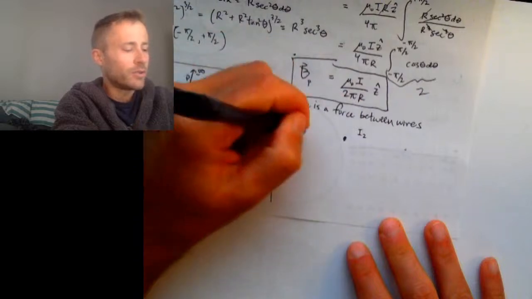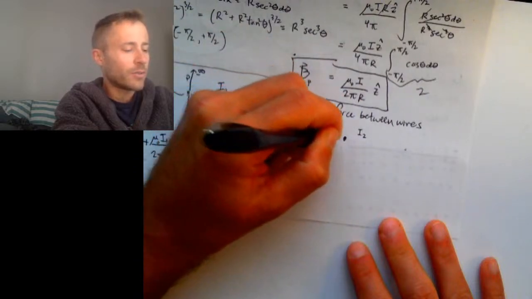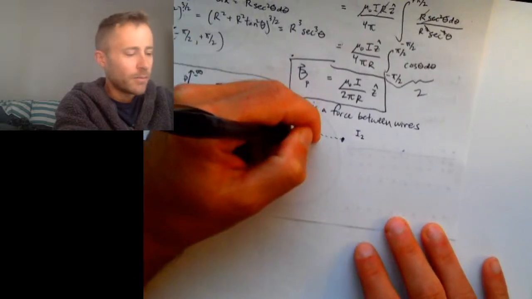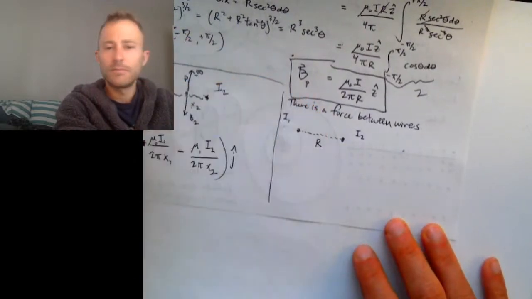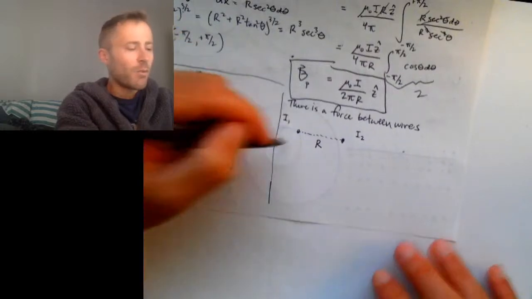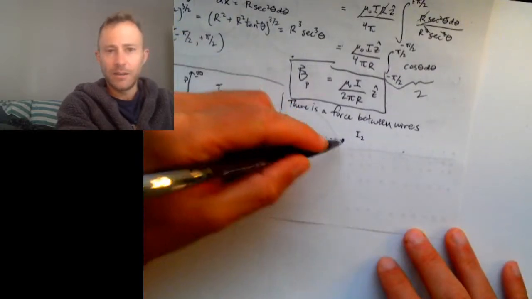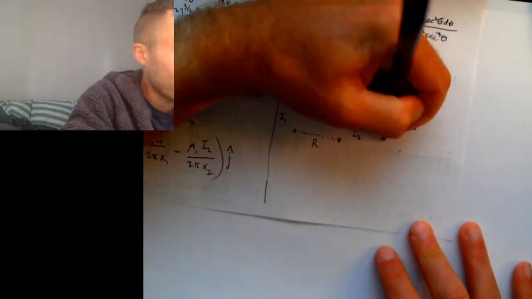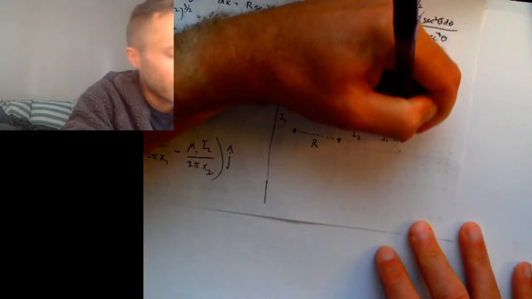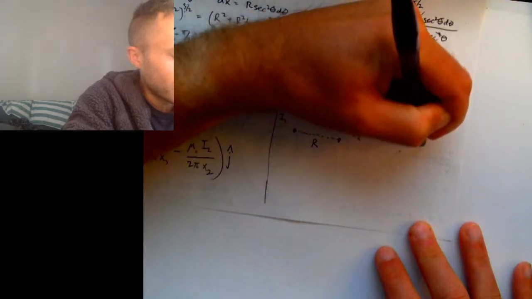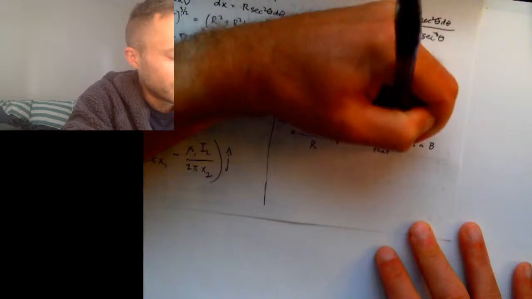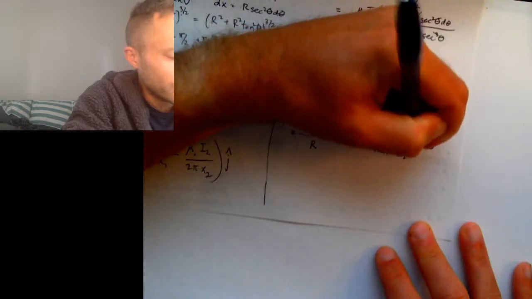And let's suppose that these wires are separated by a distance r. Okay, so I1 creates a magnetic field. I1 creates a B that I2 feels.